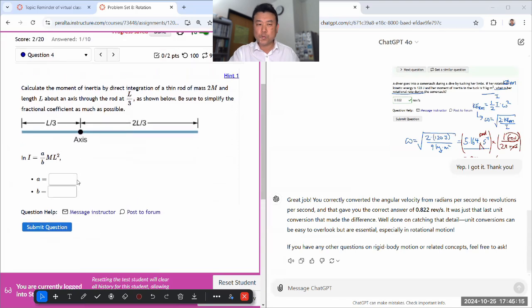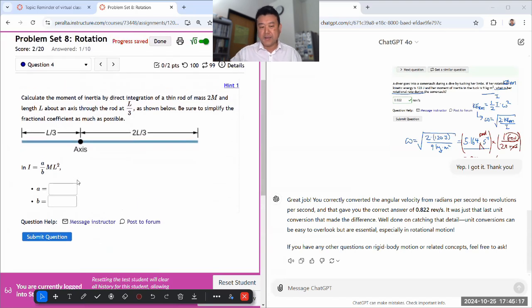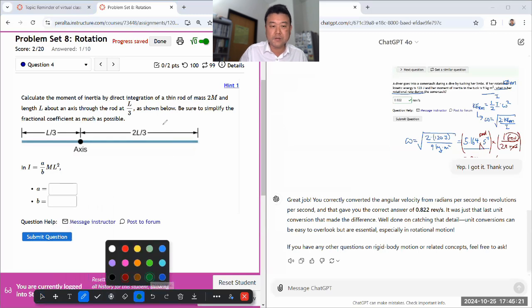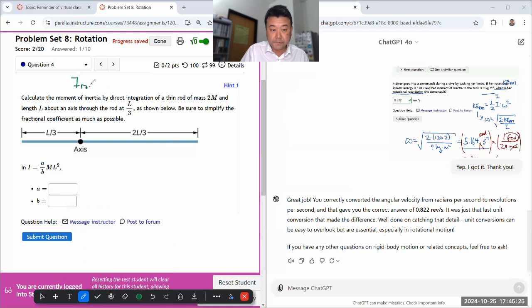So let me first quickly get the answers. I can do this through memorized formulas. I know enough memorized. So rotational inertia of a rod about its end is 1/3 ml squared. That's the formula.